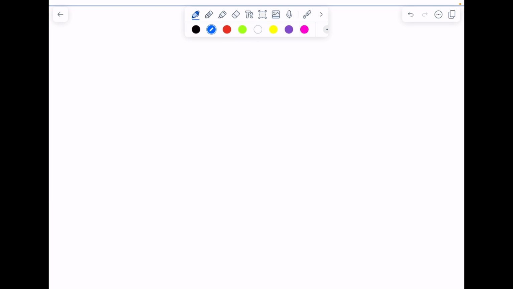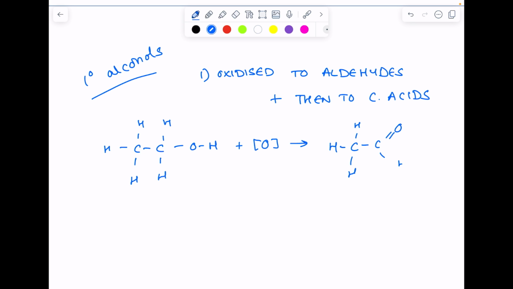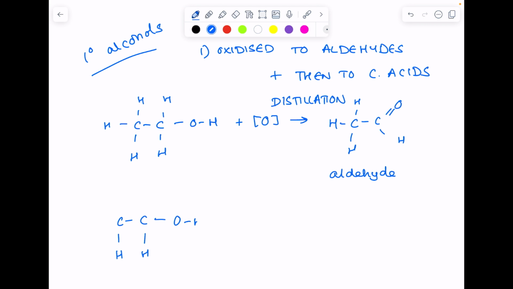So to summarize, those primary alcohols will be oxidized to aldehydes and then to carboxylic acids. For example, there's ethanol plus that oxidizing agent to form ethanal, the aldehyde, and the reaction condition needed for that is distillation. What about if we take that ethanol, oxidize it further using the conditions of reflux?